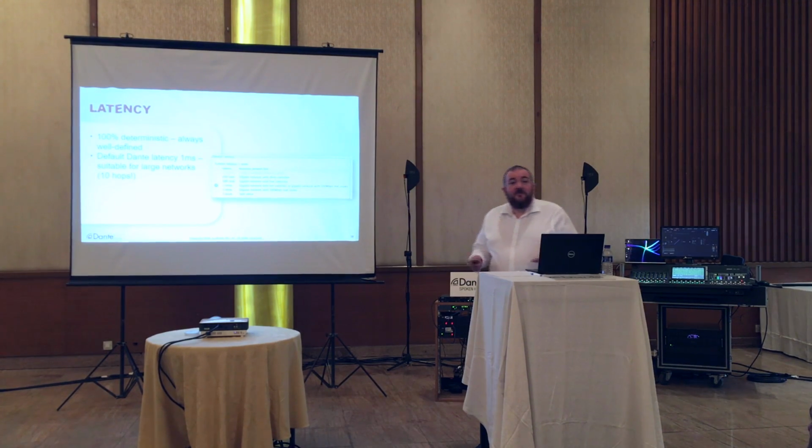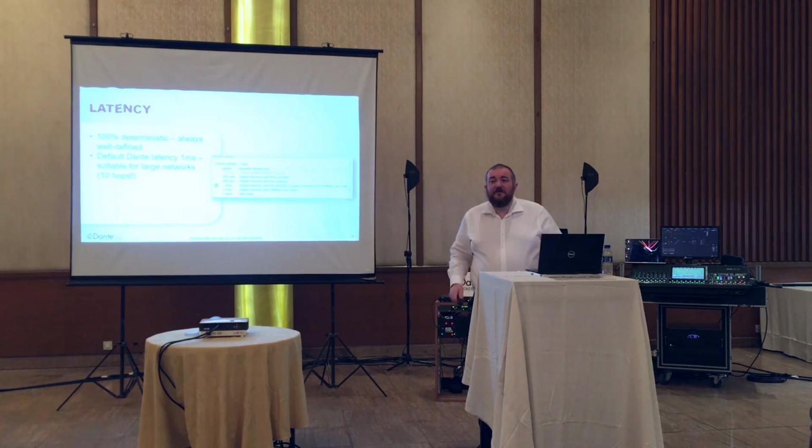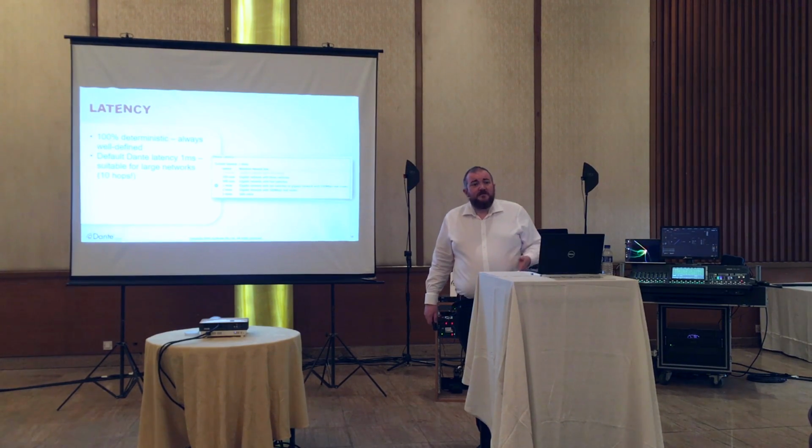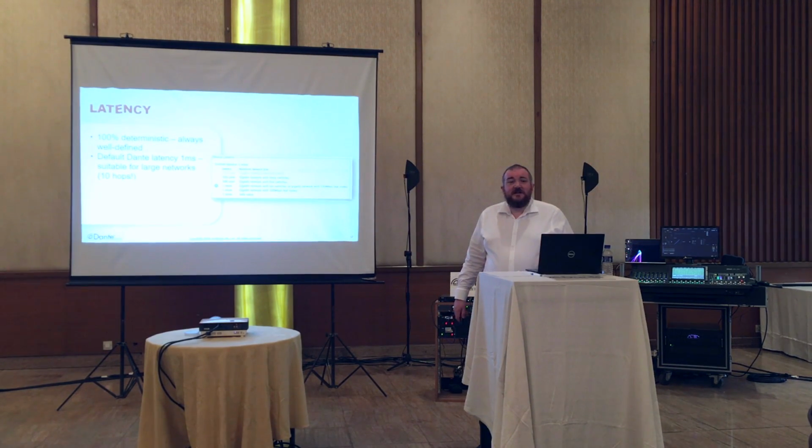We can go up to 5 milliseconds because obviously we're still constrained by the laws of physics. If we want to go 1,000 kilometers, that's about a 5 millisecond delay through a network. We've connected cities together, and indeed we go longer than this. Sometimes we want to connect very, very long distances, and with Dante Domain Manager, we allow latencies of 20 milliseconds and 40 milliseconds as well.